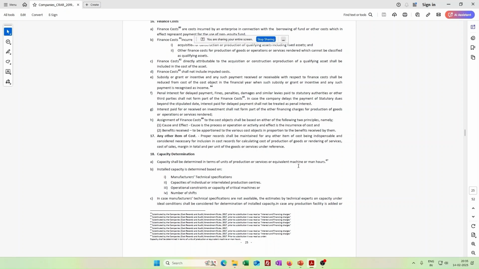There may be practical capacity, actual capacity, actual production, ideal capacity, and capacity is generally written on the machinery when you bought it.